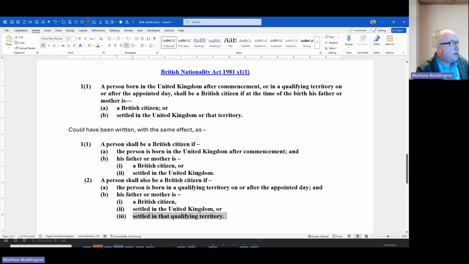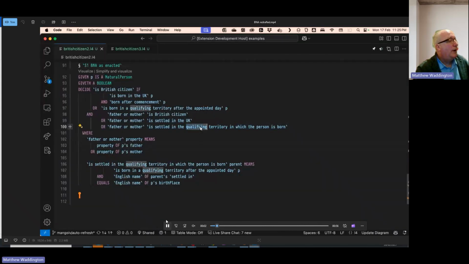So how would we illustrate that using the L4 visualization? And that we have here. Before we move on, by the way, this is as it is at the moment.